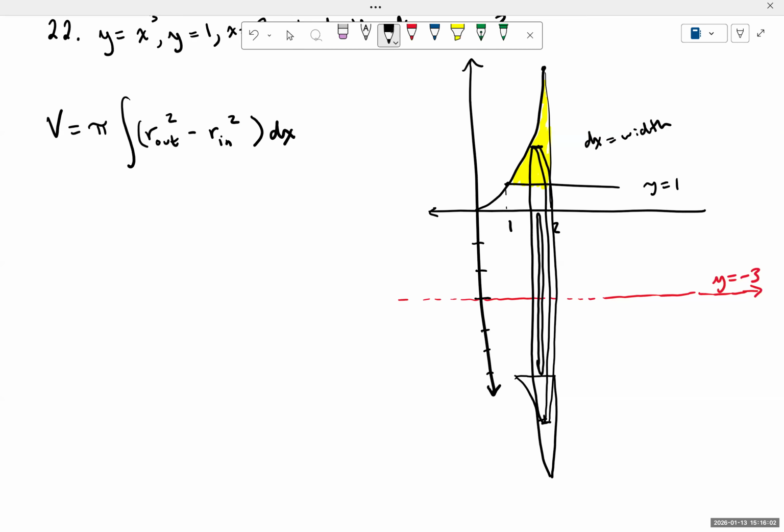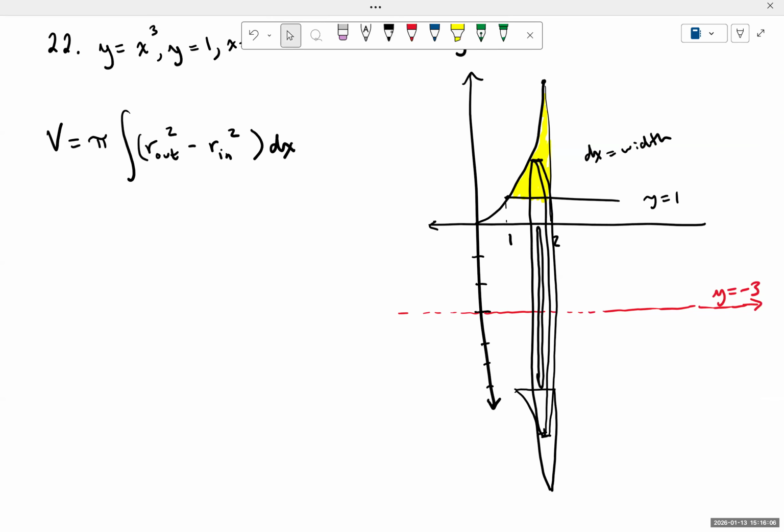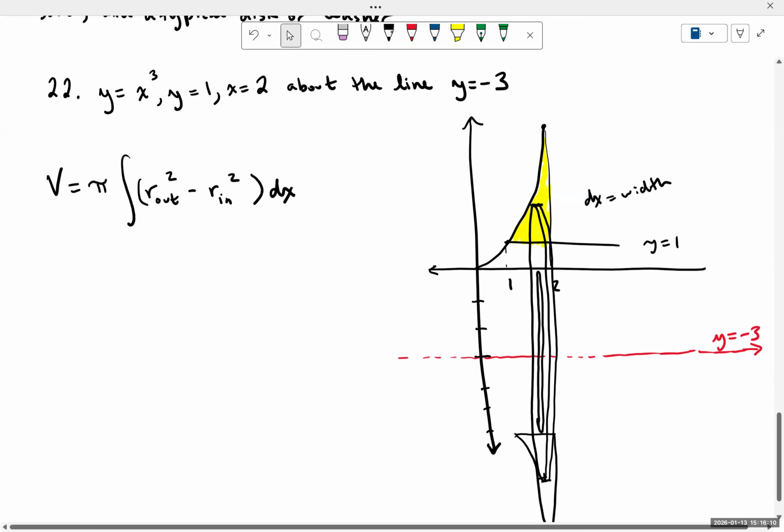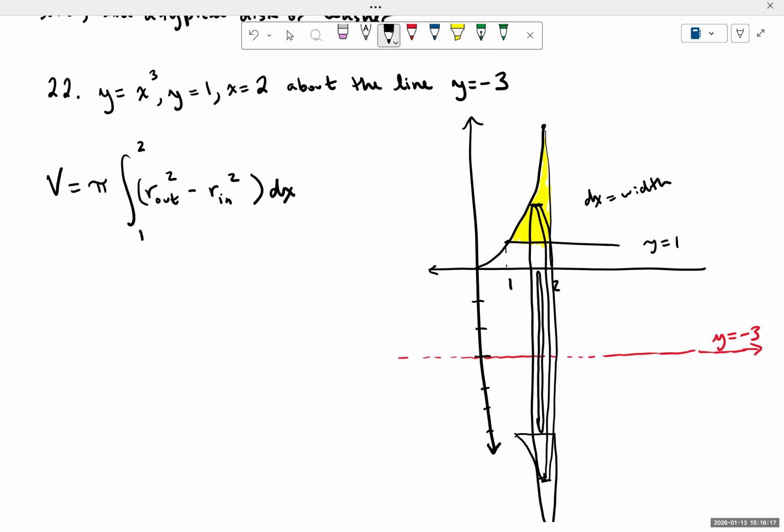Now, I kind of skipped this step, I just drew it in there. I have to be a little bit more careful. We know they gave us x equals 2, and we know that this is x equals 1 because that is, of course, where the curves y equals x cubed and y equals 1 intersect. So you have to think of this as what's the difference between these two curves?